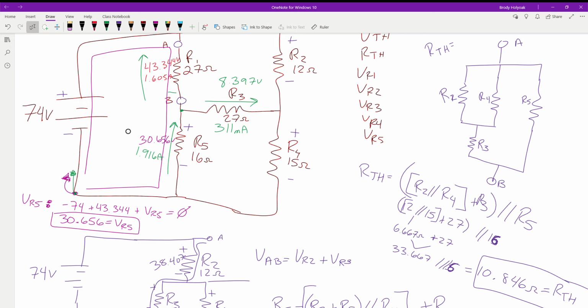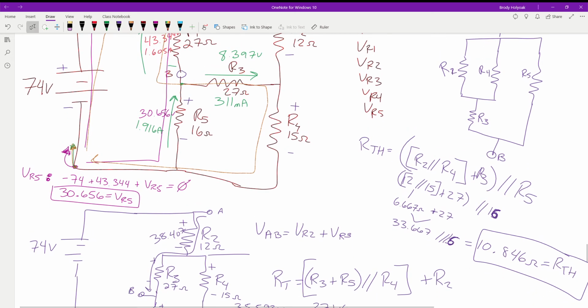Now we come back, we do another voltage loop, where we come up, we go over, come through, and go down. So now we're solving for VR4 because we have one unknown voltage and other known voltages that all have to equal 0.